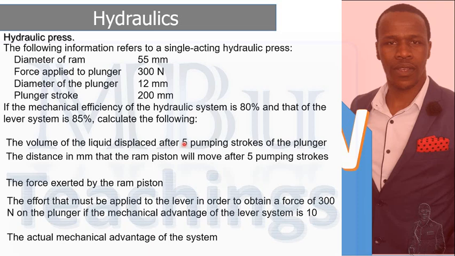That means we can find the volume, because we have the efficiency, the stroke length, and the diameter. Since everything is given in millimeters, you can just calculate your volume in millimeters.